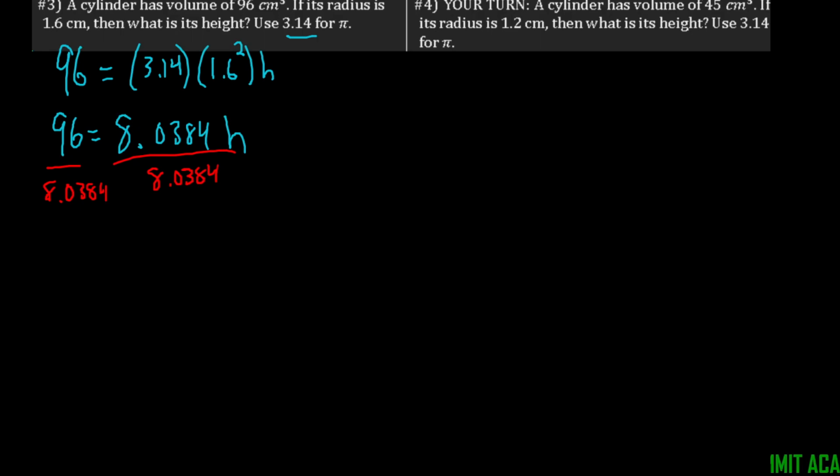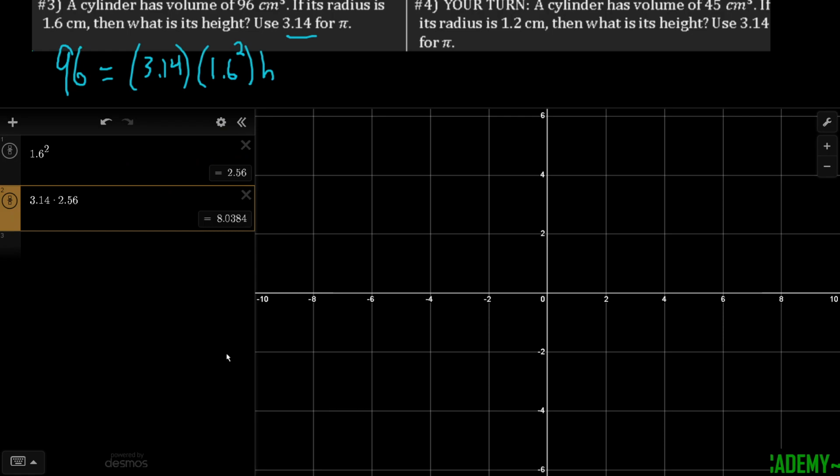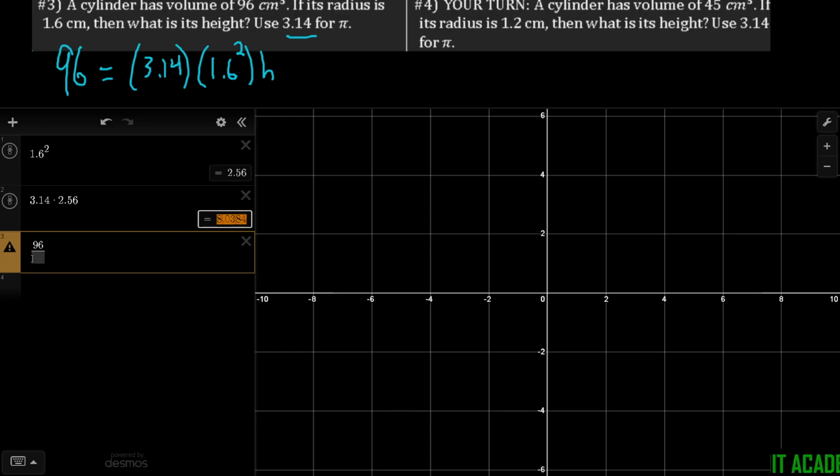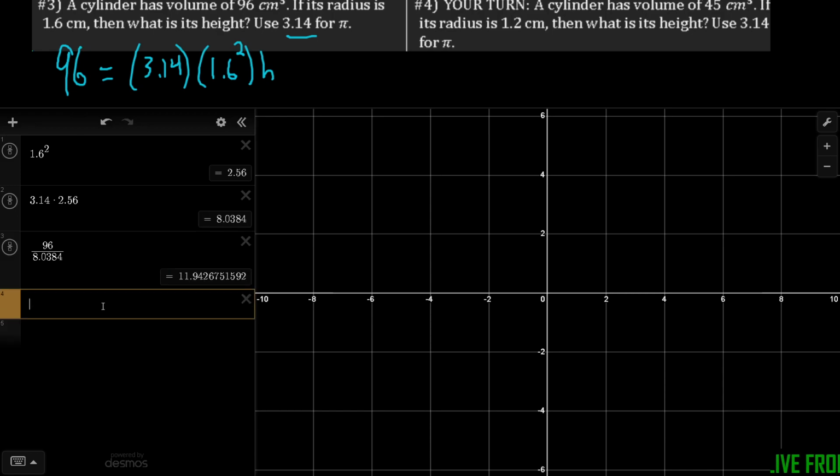Let me show you what it looks like. I take 96, I can say divided by, and I can click on my number, copy and paste it in. It gives me this decimal. If you read at the top, I have to round my answer to the second decimal place. If I copy and paste my answer in, I'm going to always round at the very end, never in between.